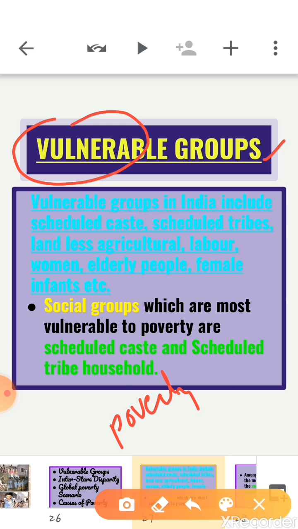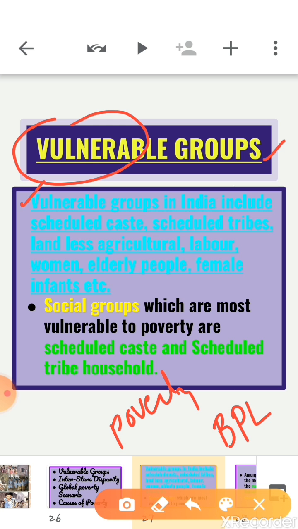The proportion of people below the poverty line, that means BPL, is not the same for all social groups and economic categories in India.